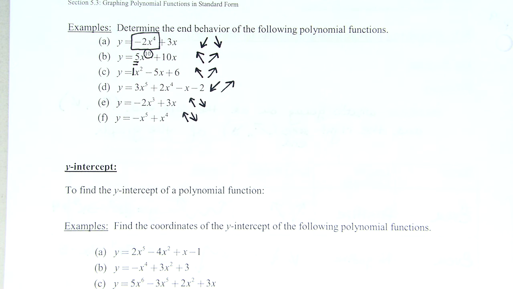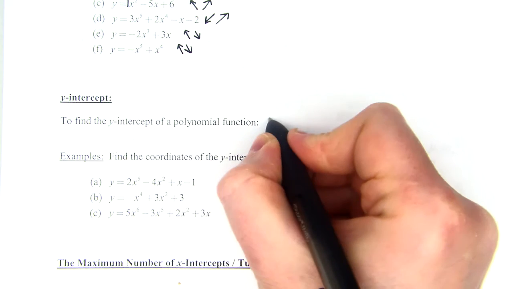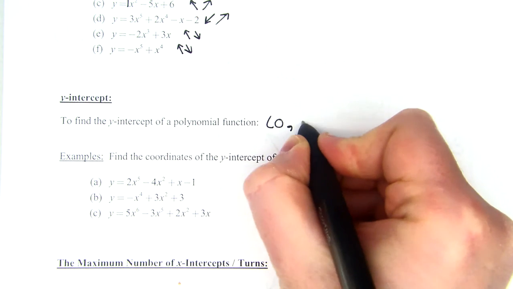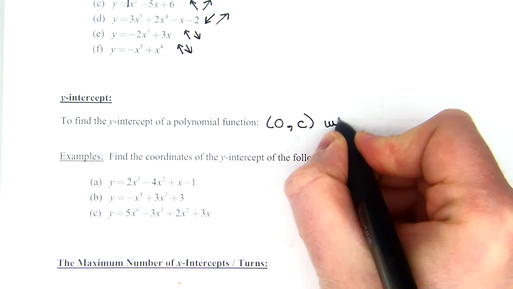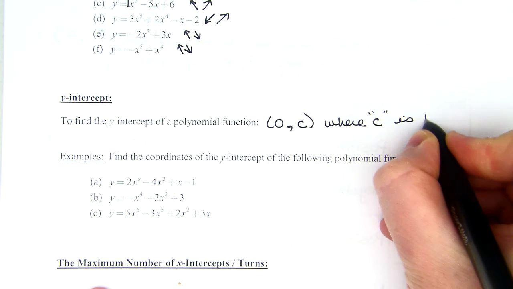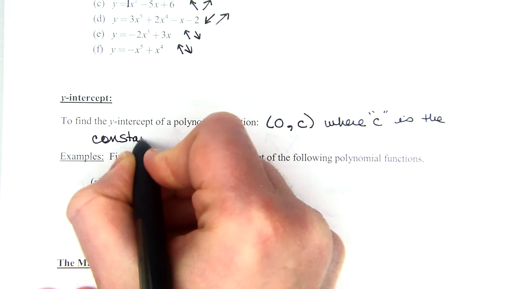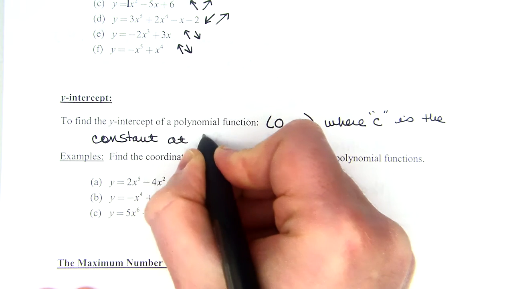Next thing that we saw, we were able to pick out the y-intercept on a lot of those functions. And we saw that the y-intercept is really just the constant term at the end, just like for polynomial functions in standard form. To find the y-intercept of a polynomial function, it's just going to be (0, c), where c is the constant at the end of the polynomial function.